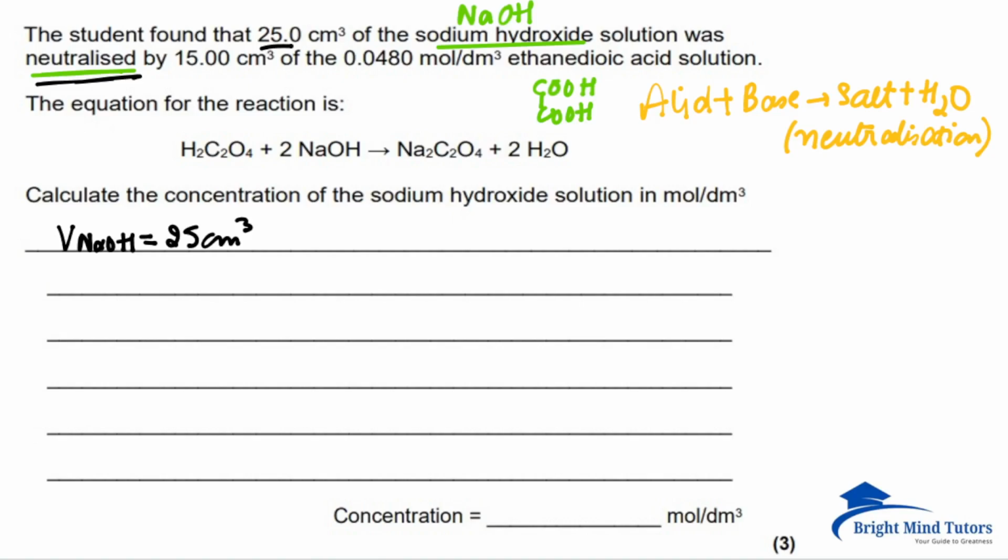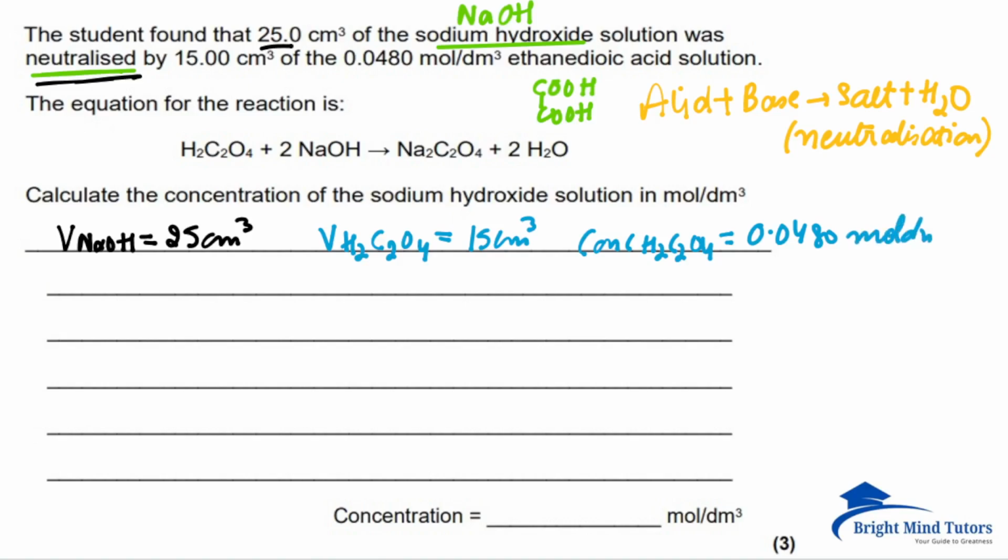Again, I have the volume of the H2C2O4, which is also given to us, that is 15 centimeter cubes, and the concentration of the acid H2C2O4 is given, which is 0.0480 mole per decimeter cube.